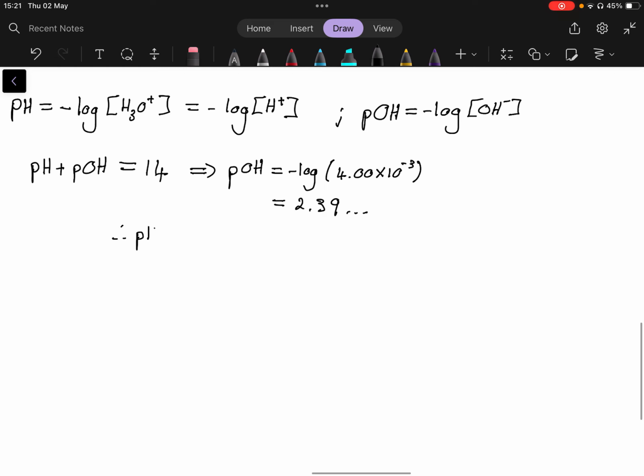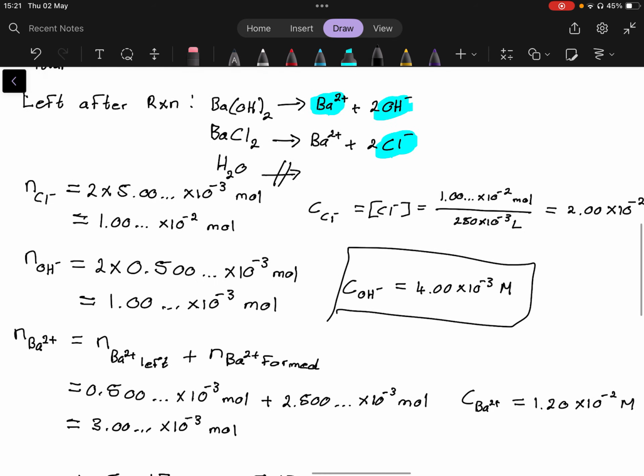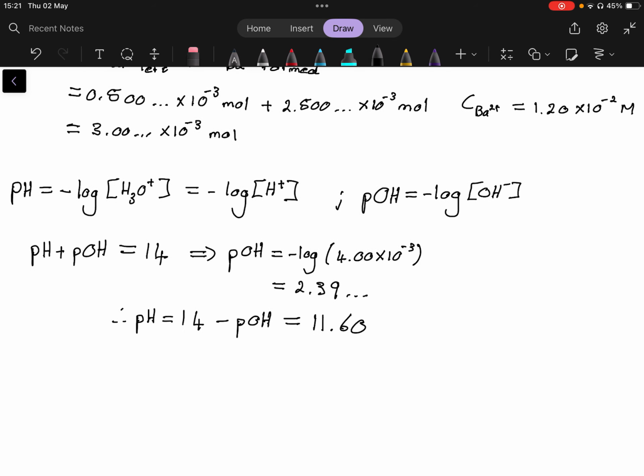So that means the pH is equal to 14 minus the pOH, and that is equal to 11.60, 601, I think. Three significant figures, yeah. So 11.62 is the pH.